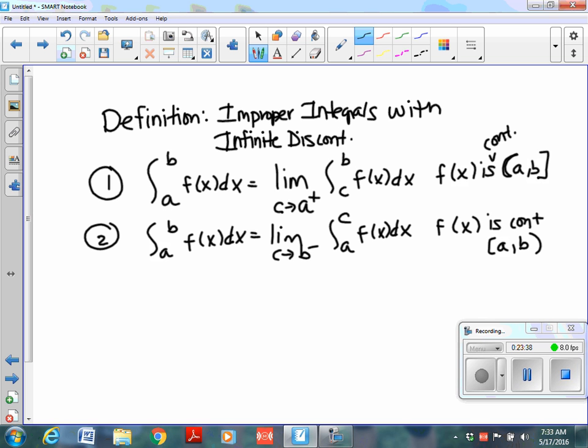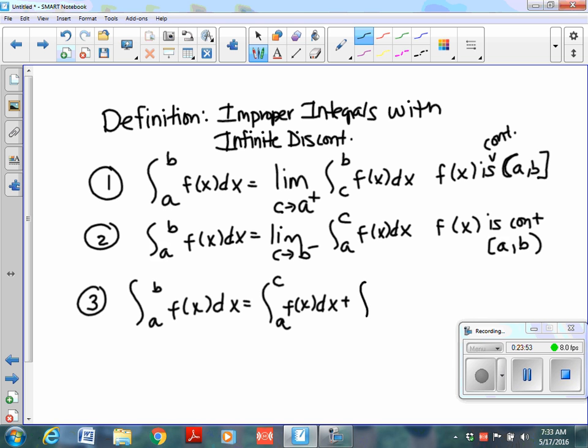And the last one, from a to b, f of x dx. If you integrate from a to c, f of x dx, and if you integrate from c to b, f of x dx, then f of x is continuous from a to c union with c to b.